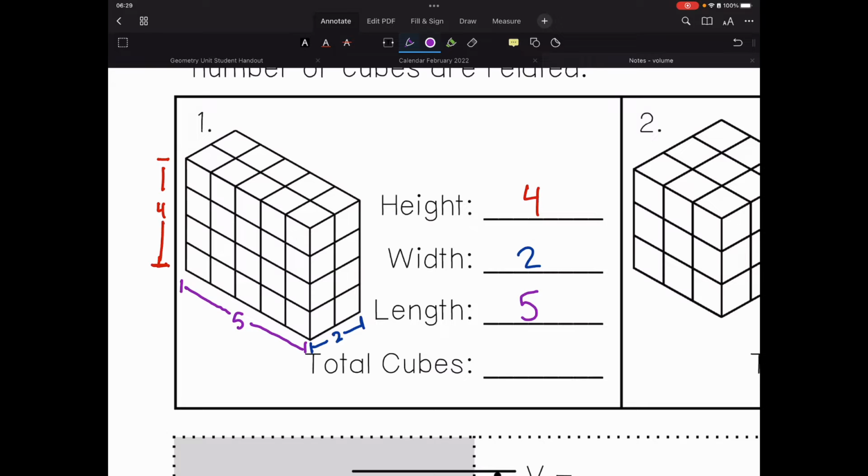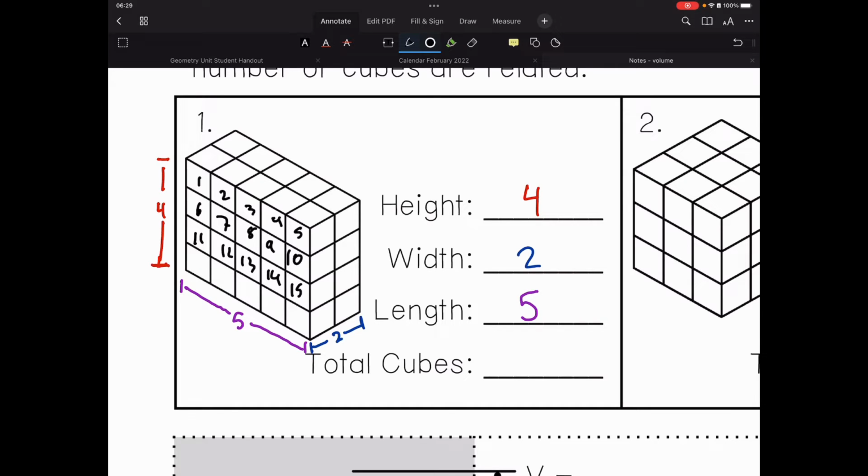So how many total cubes are there? Well, the really long way of doing this would be trying to count them all. Right, we'd go 1, 2, 3, 4, 5. And then there's another 5 right below it. So 6, 7, 8, 9, 10. Then another 5.